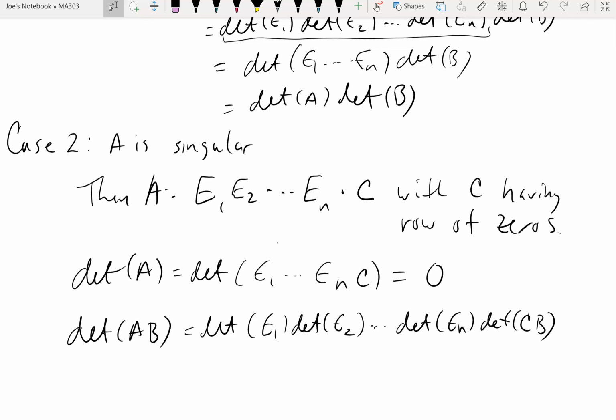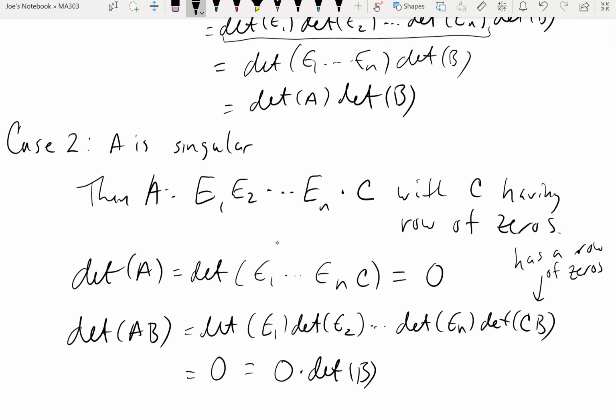So this part has a row of zeros, and what's the determinant of anything with a row of zeros in it? 0. So this will be these determinants times 0, which is 0, which I can also write as 0 times determinant of B, right? If it's 0, I can certainly write it as 0 times determinant of B. Yes? Which is determinant of A times determinant of B.